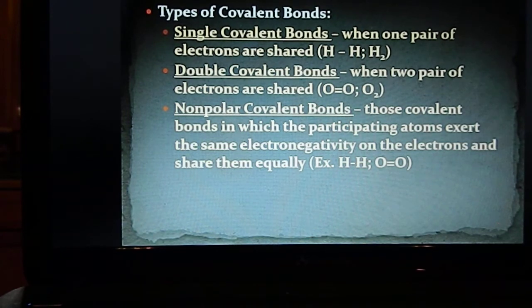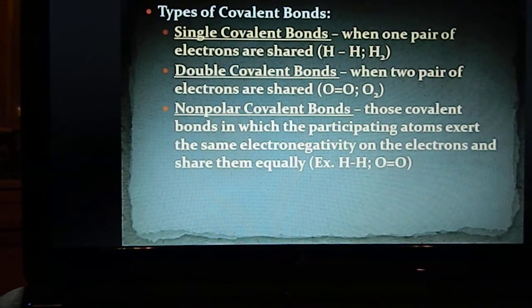Just to get you to know some shorthand: if you see an H with a dash and then another H, that means there's one covalent bond shared between those two atoms, right? For a shorthand version, you might see H2. That means that there are two hydrogens and there's one covalent bond shared between them.